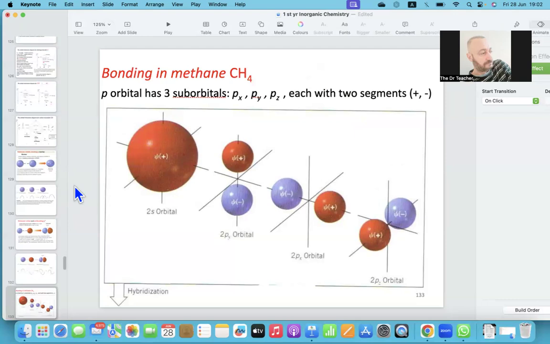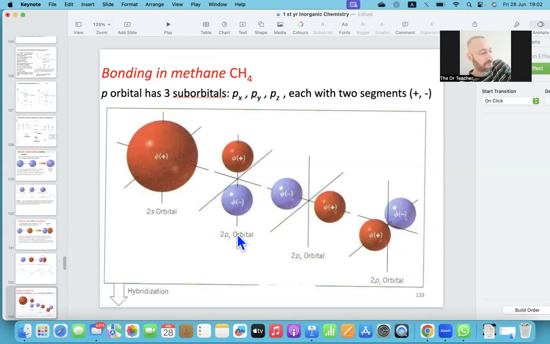Now, bonding in methane, CH4. We said the s is overlapped completely, psi as one positive, and there is a PX, sorry, PY. These are the three types of p orbitals, each in two loops. You can draw the loop as a circle or a ball, so there's a plus and minus.